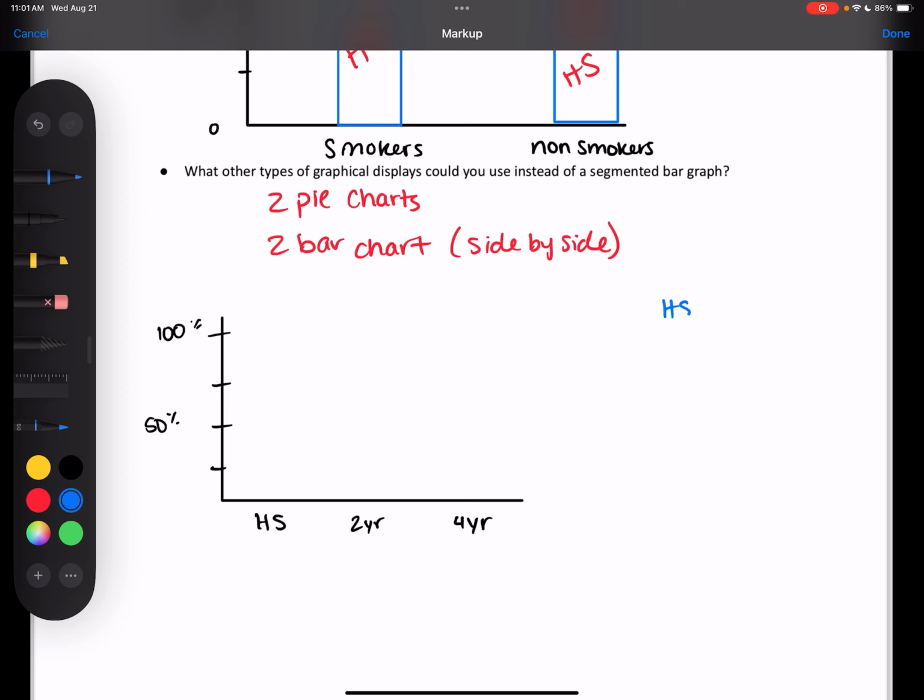High school smoker would be 32 out of 93. Obviously I can't go back to it, but that's why I'm flipping back and forth on my paper. So that's coming from 32, the high school smokers out of the total number of high school. And that is 34%. Then 2-year smoker would be 5 out of 22.